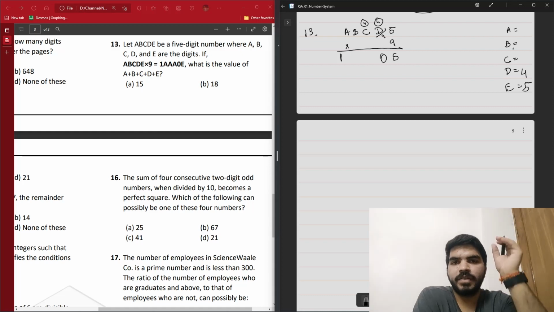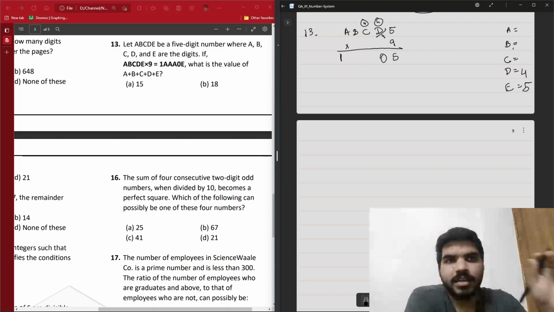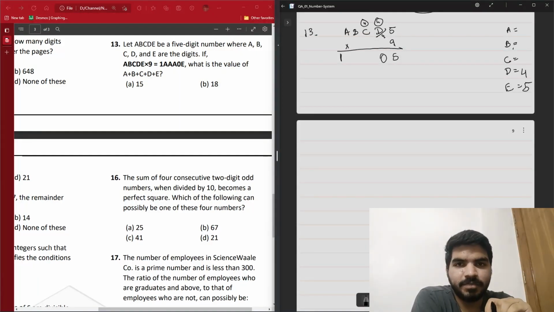If A is equal to 2, 9 multiplied by 2 will be 18, and if we add another number, there are huge chances it will go to 20 something, but it's not. So mostly it has to be the first or second multiple only. We can't say for sure, but let's assume for now.